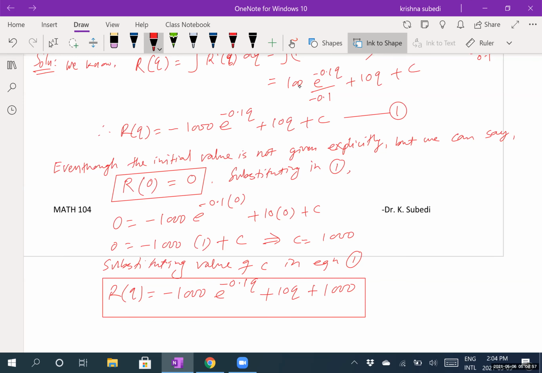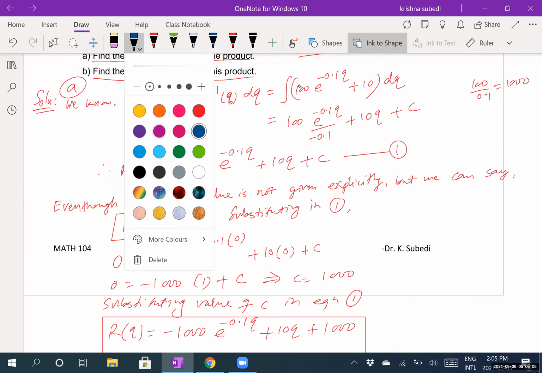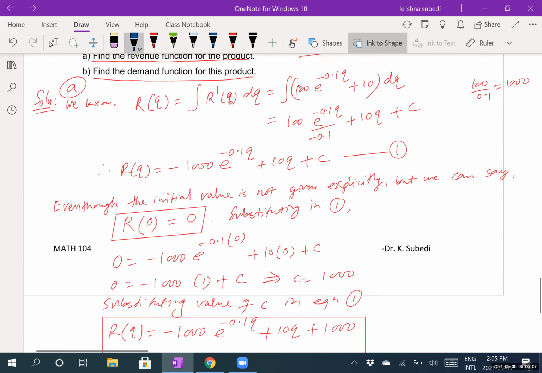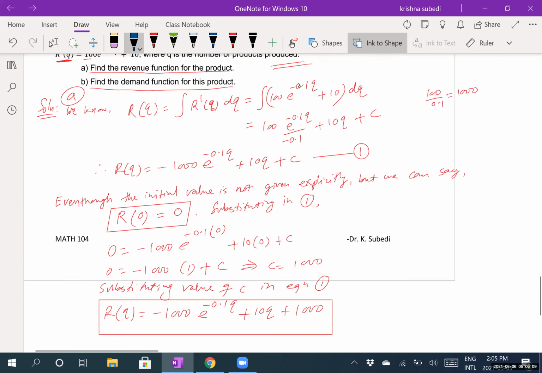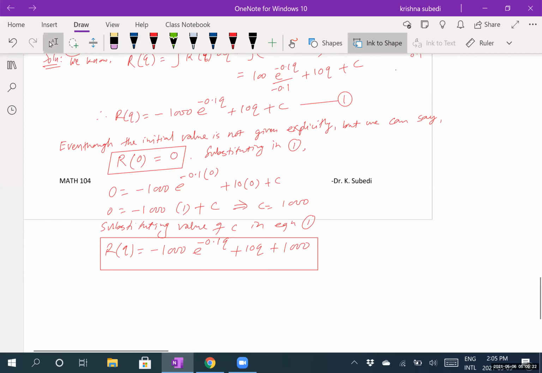Part A is done. Now part B. Is there any question, guys? Okay, now let's try part B. If you don't have any question, let's try part B.